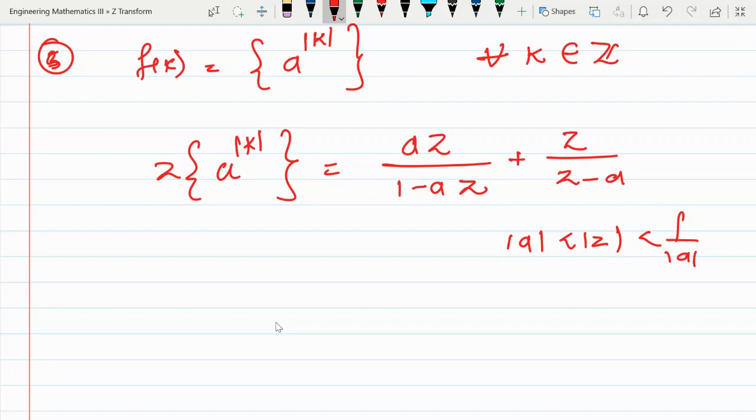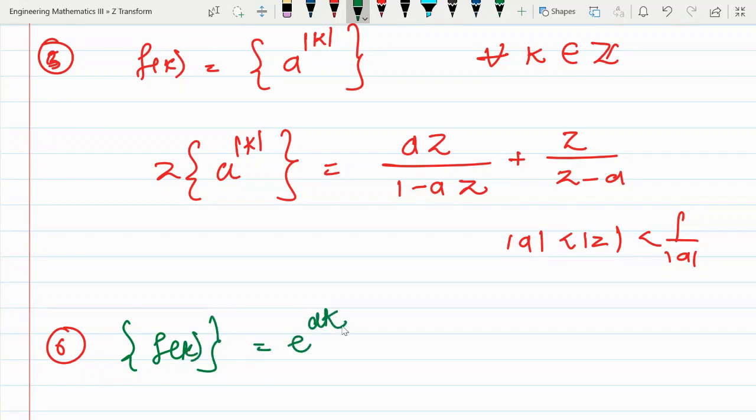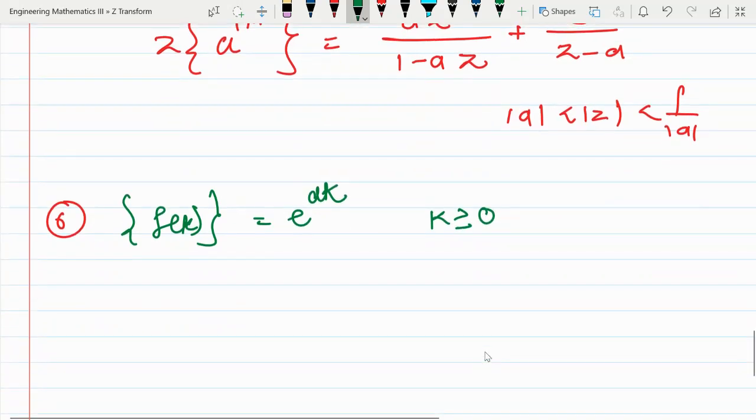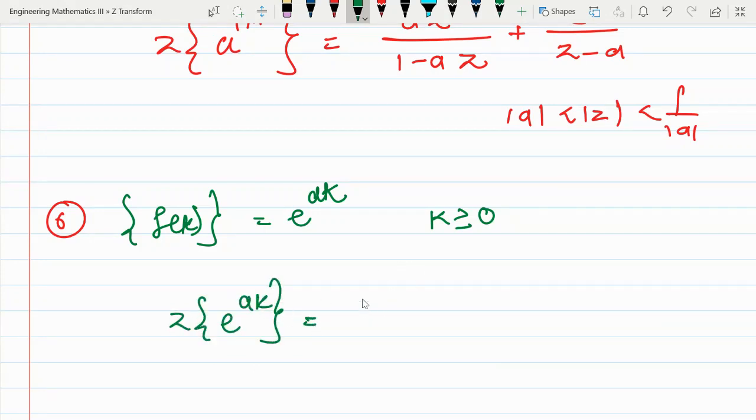Now the next result, 6.1. Suppose fk is equal to, this is same as the previous, e raised to ak for k greater than or equal to 0, a causal sequence. So this is simply the z transform of e raised to ak. Again use the definition and expand this.